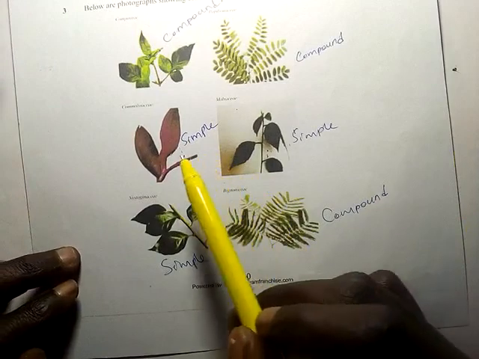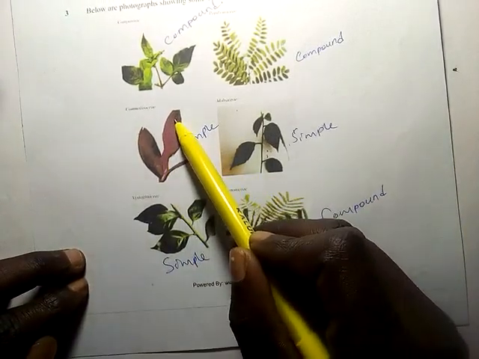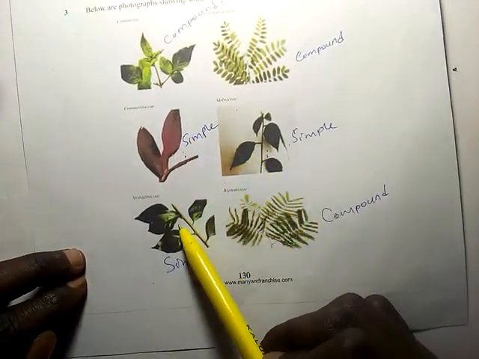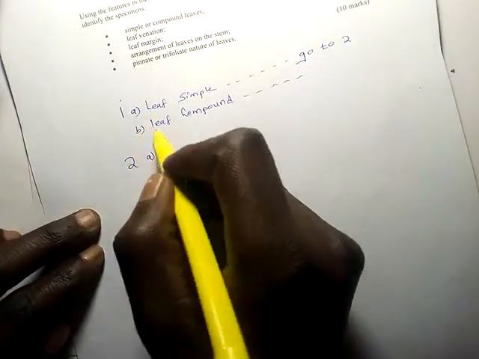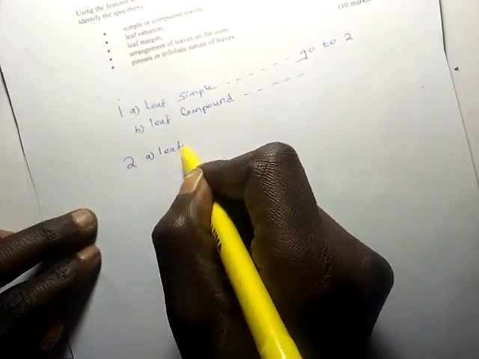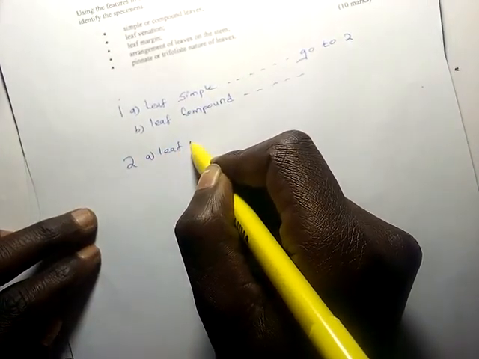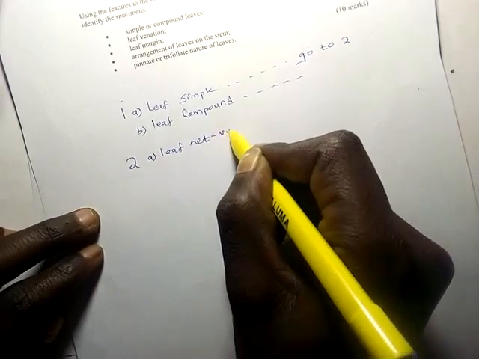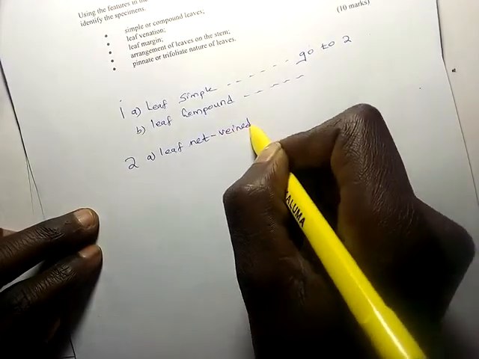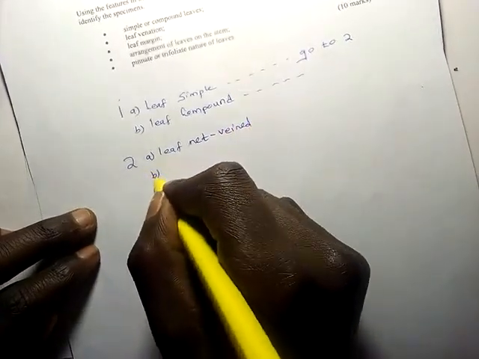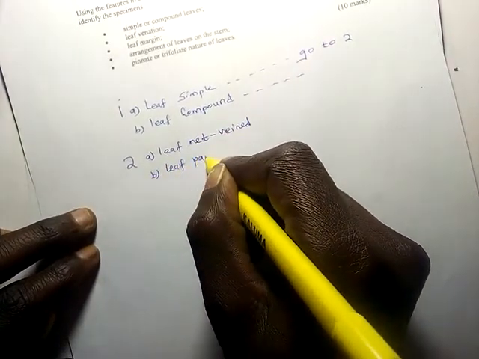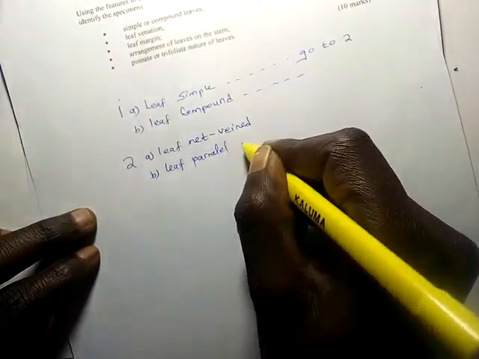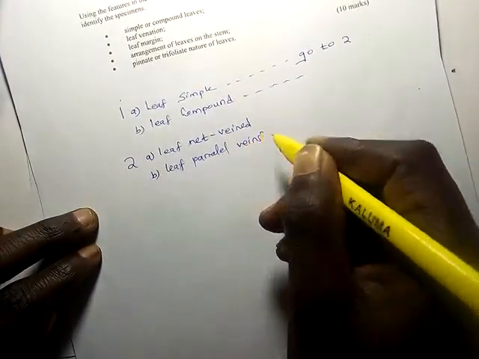Now I can see parallel veined leaf and network veined leaves. Now you say leaf net veined, this is a short form, net veined, and then B, leaf with parallel veins.